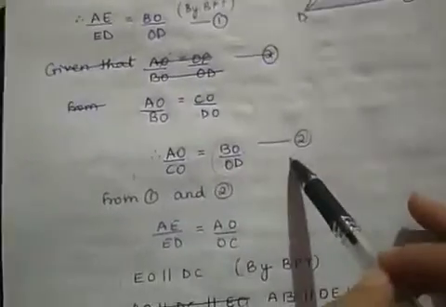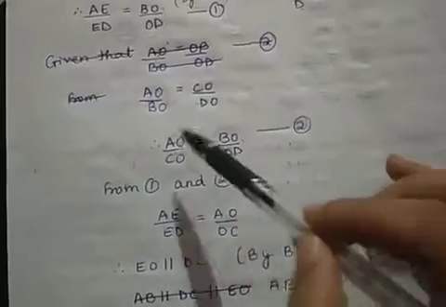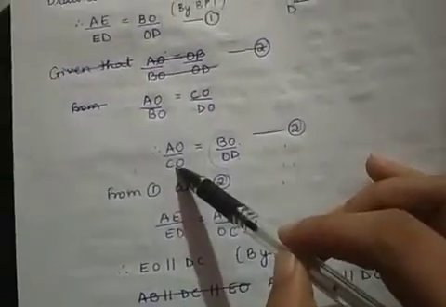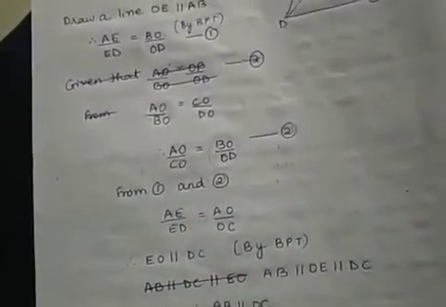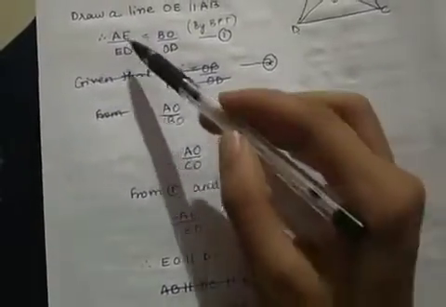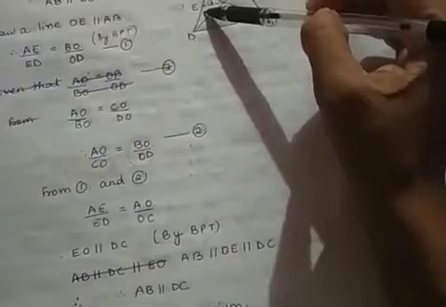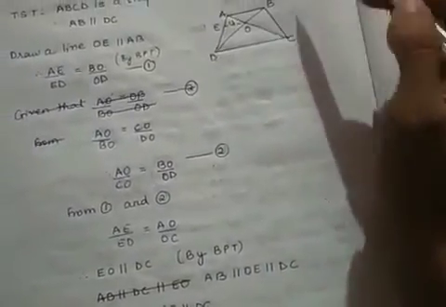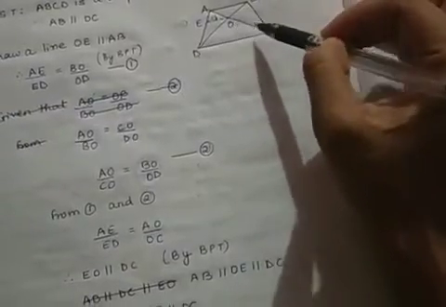So from 1 and 2, AE upon ED is equal to BO upon OD, and BO upon OD is also equal to AO upon CO. So from 1 and 2, AE upon ED should be equal to AO upon OC, correct? So you get here AE upon ED is equal to AO upon OC.